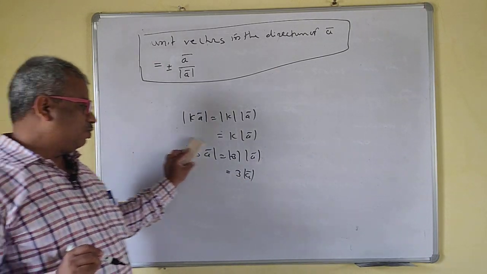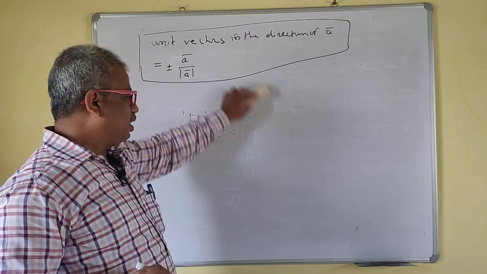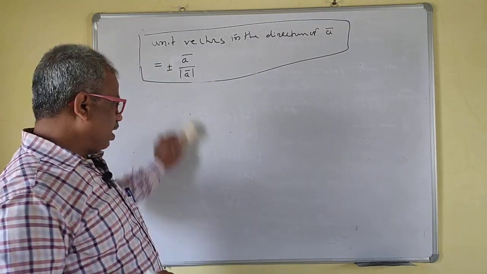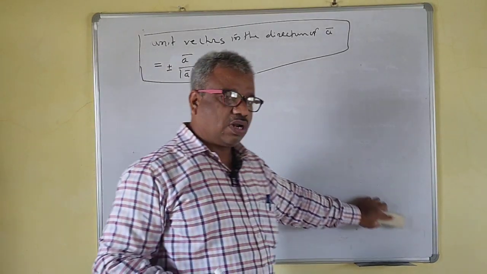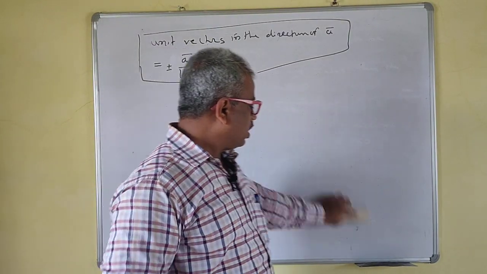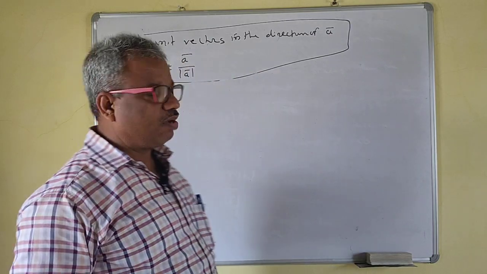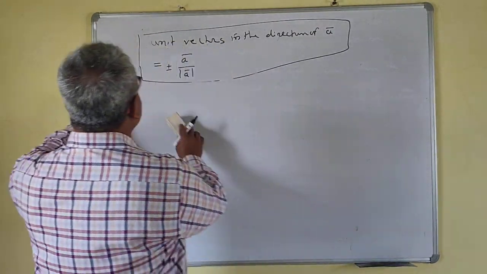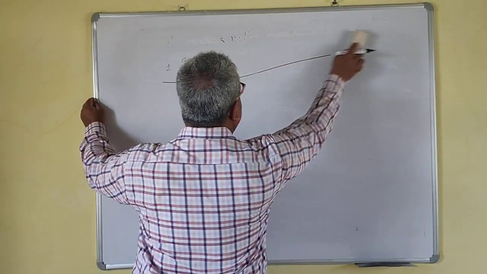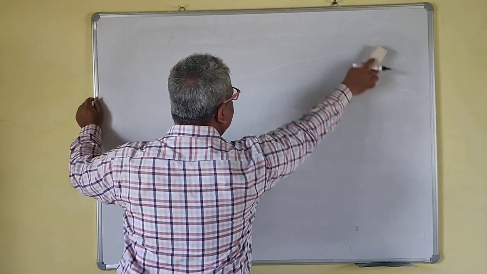So you have to take care of this, right? Your k may be negative now, right? So always write mod k. Mod k means the maximum positive value, the absolute value. It is called the absolute value of k now, right? And you are familiar with the absolute value of a real number. Okay, so these two are very important.